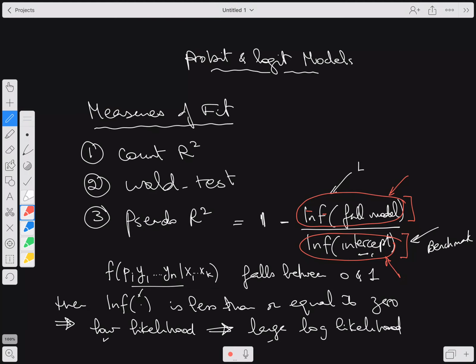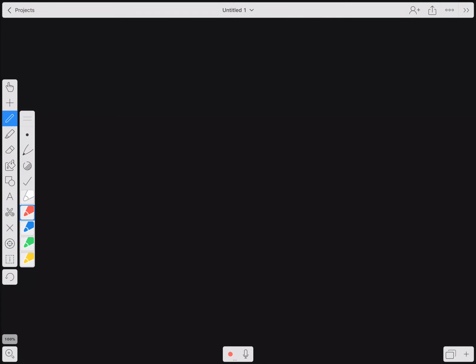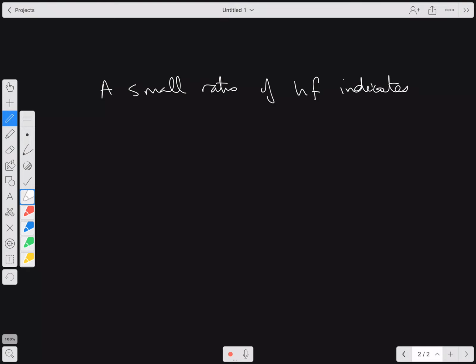So how can we say this? Basically we say that a small ratio of the log likelihood function, and by now you understand that this is the log of the likelihood function, indicates that the full model is better, right?